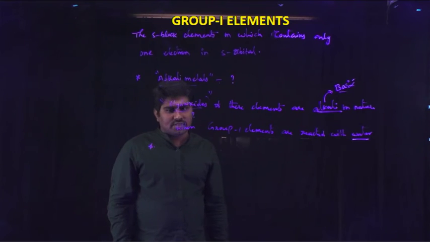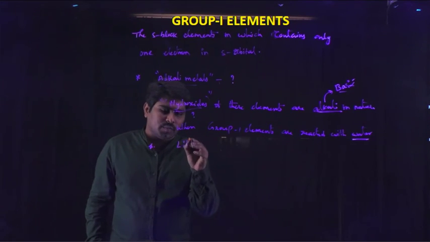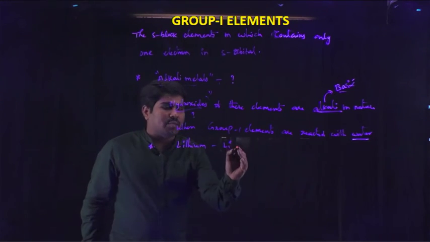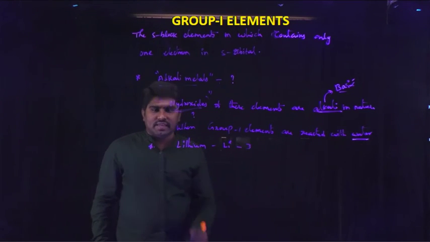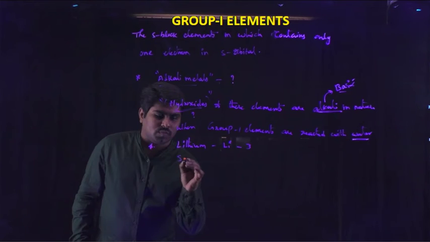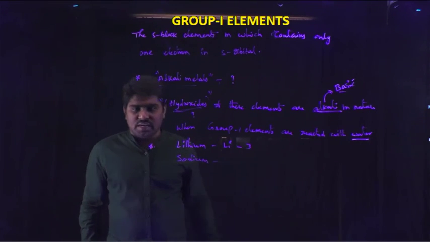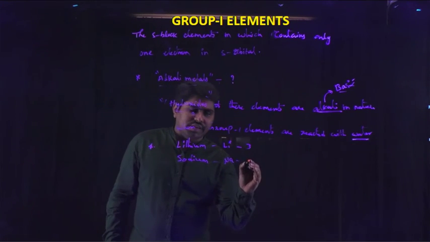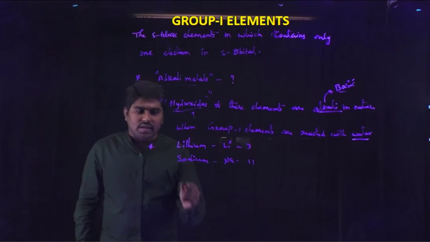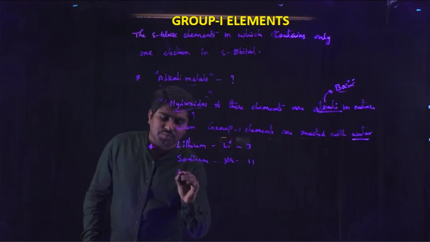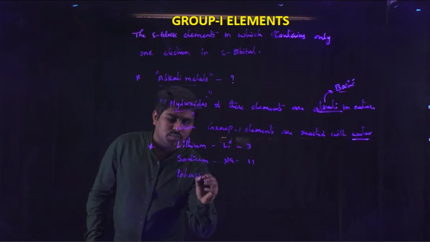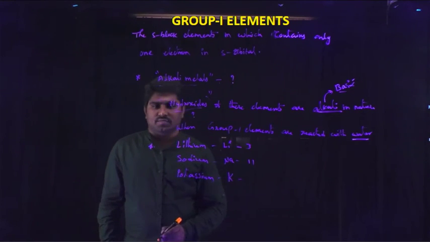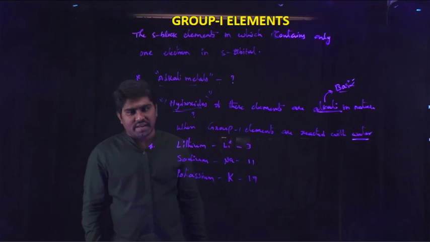Lithium, symbol Li, atomic number 3. Second, sodium, symbol Na, atomic number 11. Next, potassium, symbol K, atomic number 19.